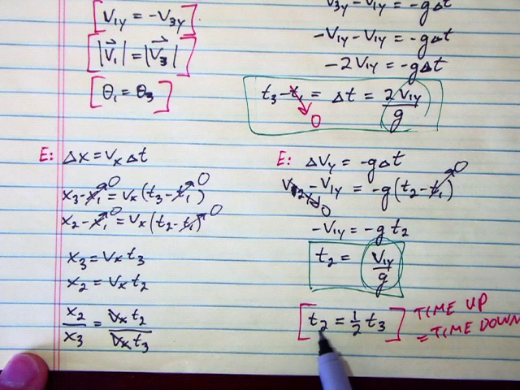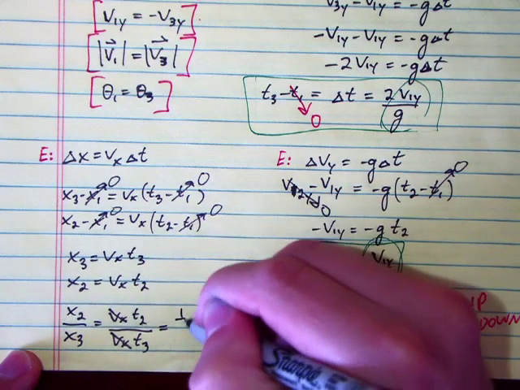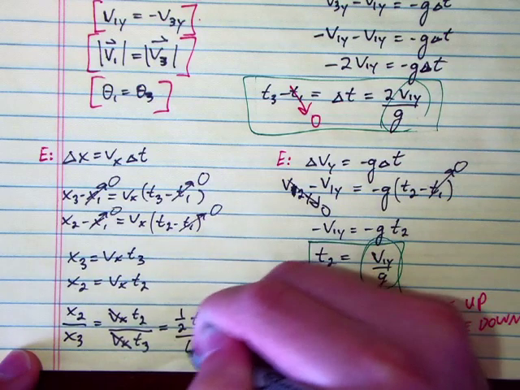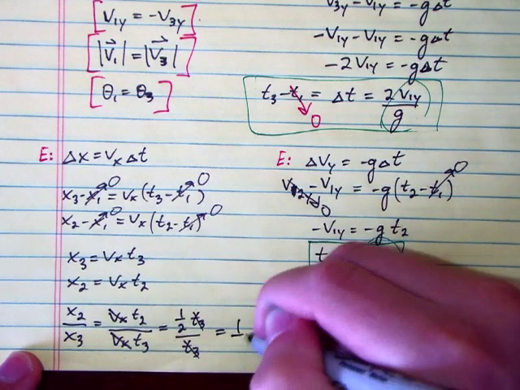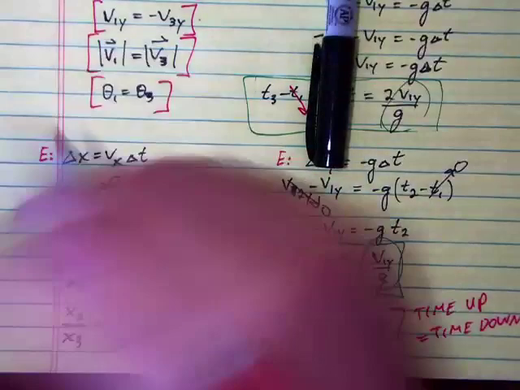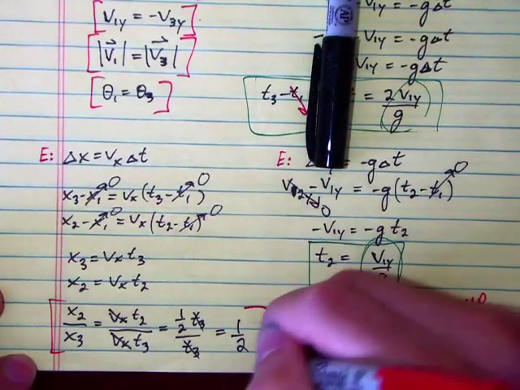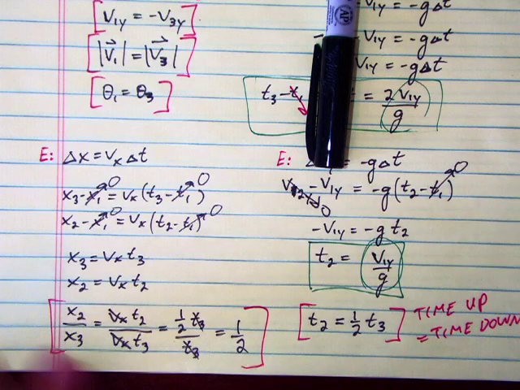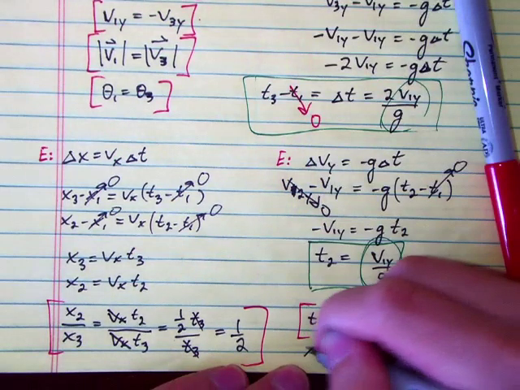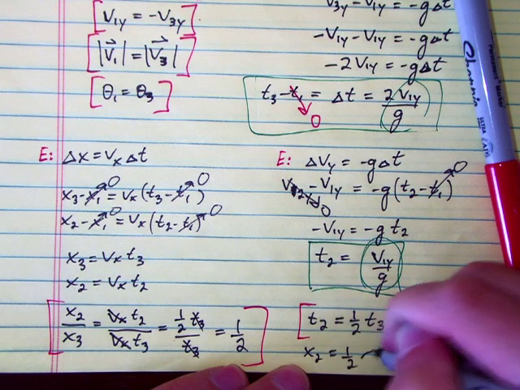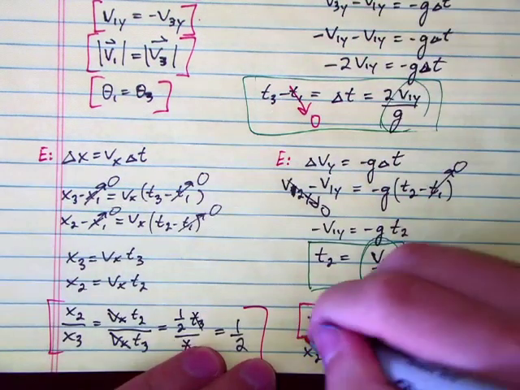Well, we showed a moment ago that t2 is 1/2 of t3. So this equals 1/2 of t3 all over t3. So t3 cancels, and we find that the ratio of these two distances is 1/2, or x2 is 1/2 of x3.